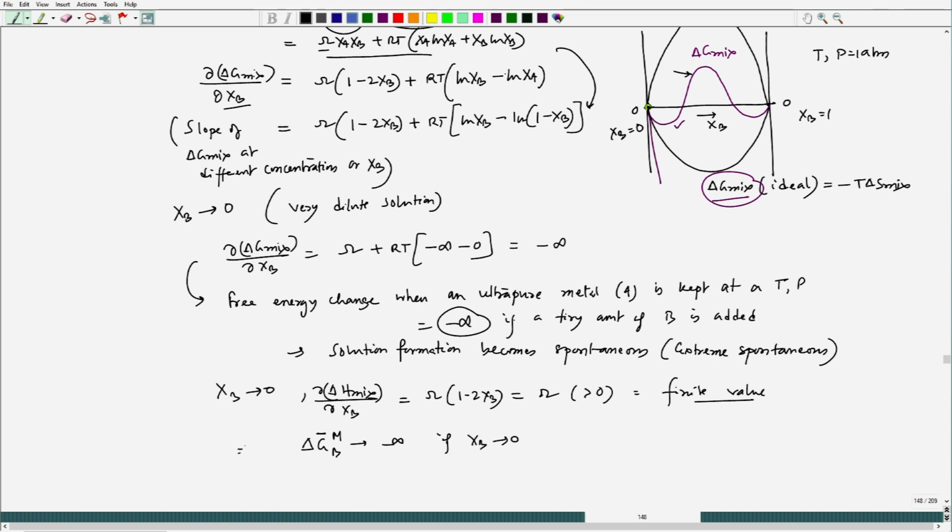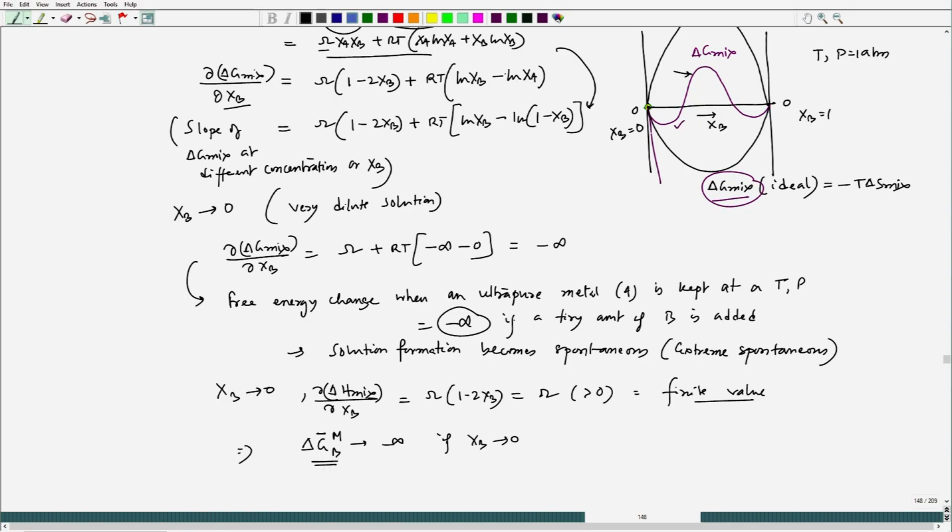We have proven this before, so this also means the same thing. The partial molar Gibbs free energy of solute B, when it is mixed in ultra pure A, becomes negative infinity. So, there also it gives the same indication that at both ends, whatever be the value of omega, because omega will always have a finite value, there will always be a chance of solution formation.